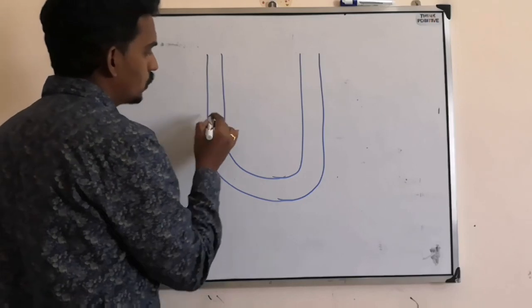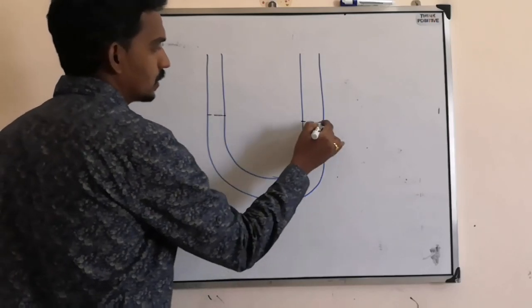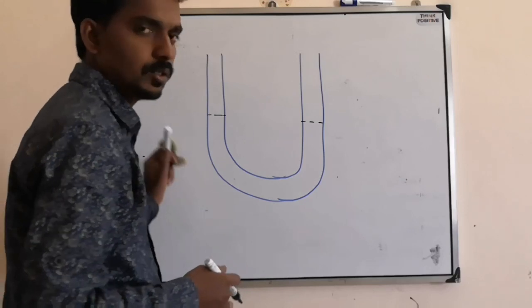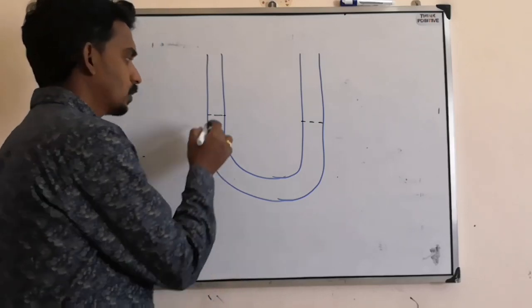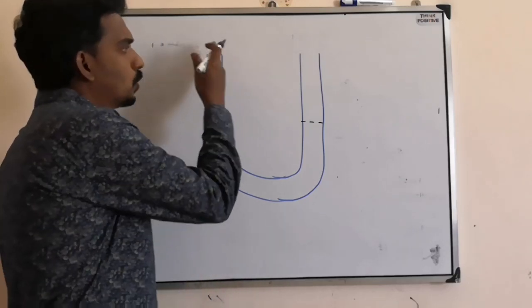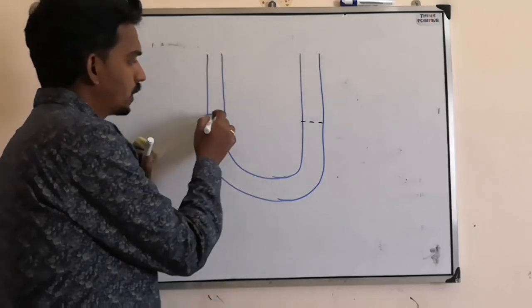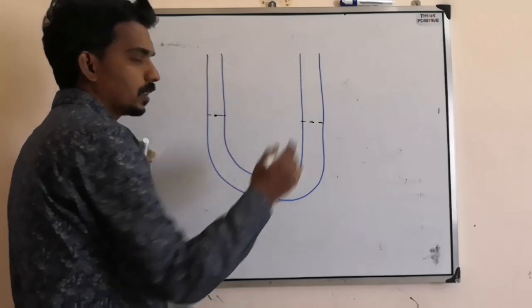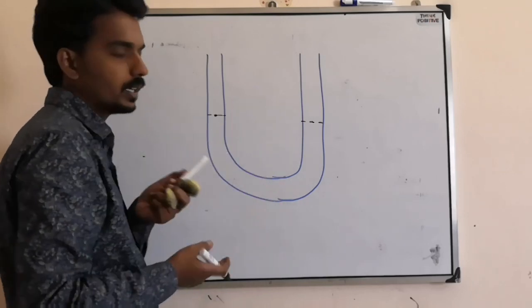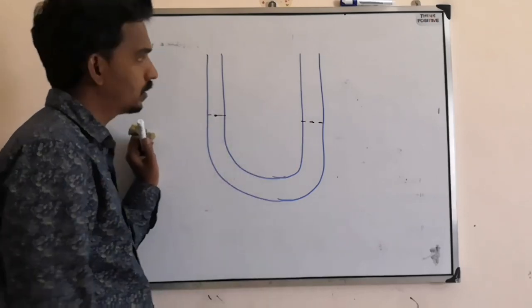So when you consider a U-shaped tube, let's say this is some liquid, usually they will mention mercury. So mercury is there. As both sides are open, here pressure P0, here also pressure P0. So level of liquid remains same on both sides.